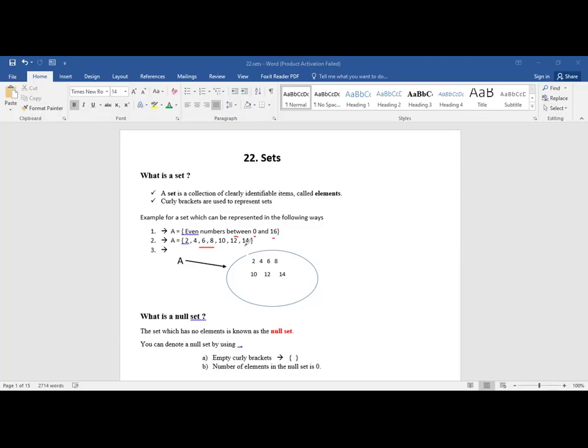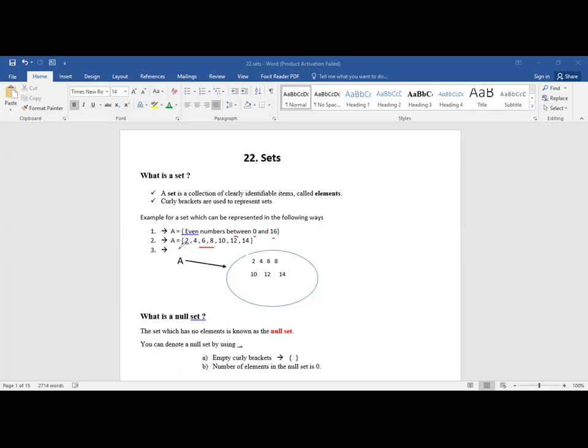These are called elements. 2 is an element, 4 is an element, 6, 8, 10, 12, 14 are elements of this set A.